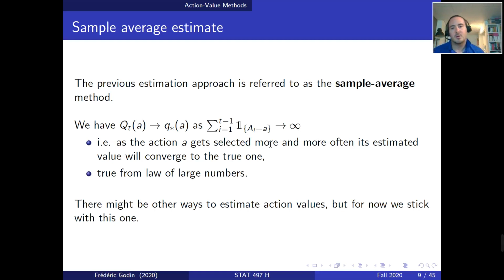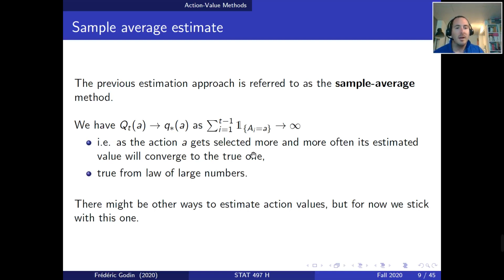So because of that, as the number of times one lever is played often and often converges to infinity, the estimate of the expected value will converge to the true expected value for this lever.